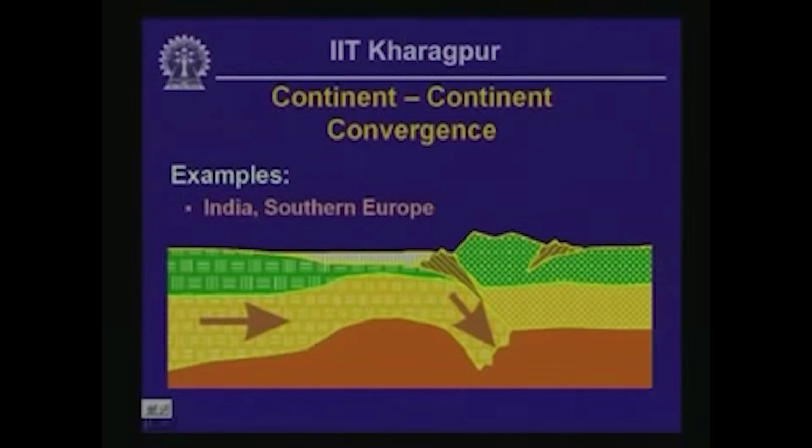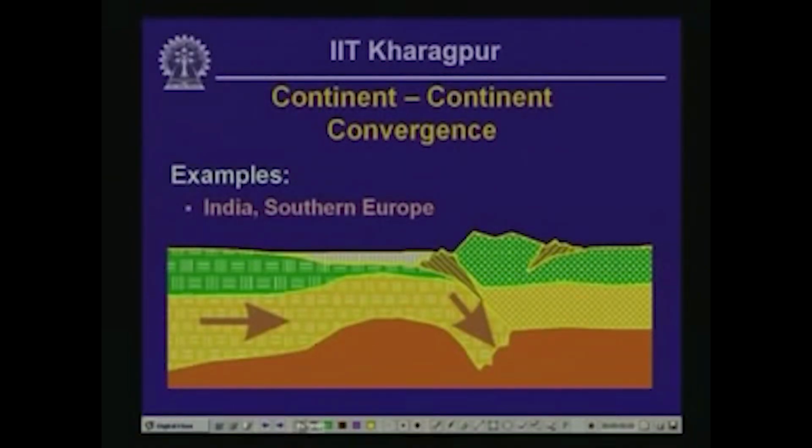The collision of the two continental plates gives rise to the pushing up of a significant mountain chain at the boundary of the two plates, and that is indicated here in this area, where the continental plate on the left is colliding with the plate on the right.